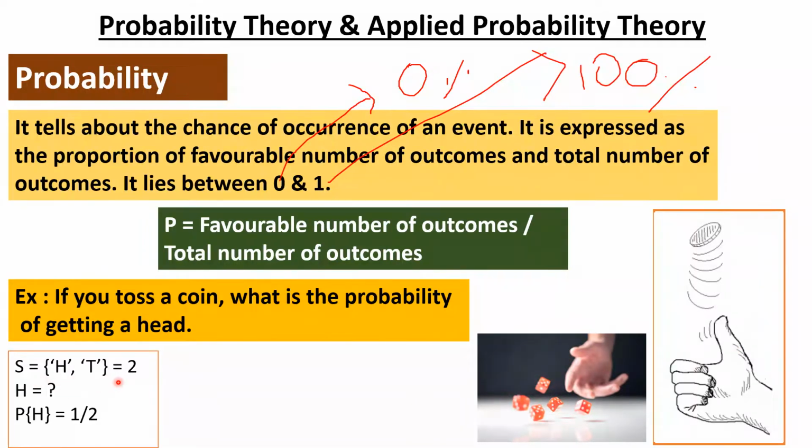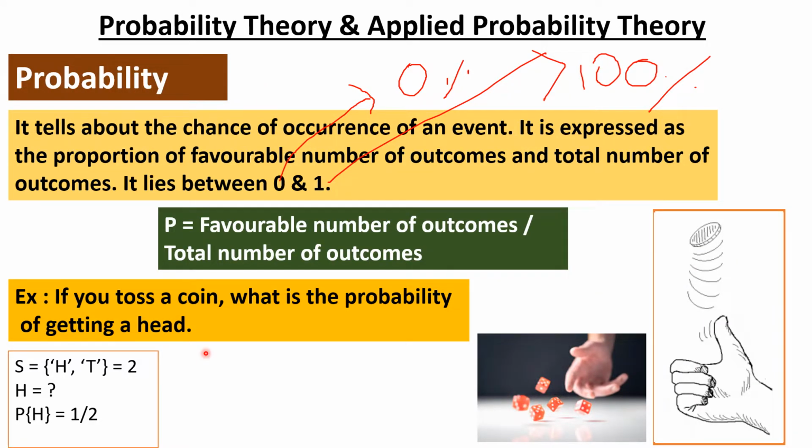The total number of outcomes is 2. We know the total number of outcomes, but we don't know on which side the coin will land. This uncertainty is captured by probability.